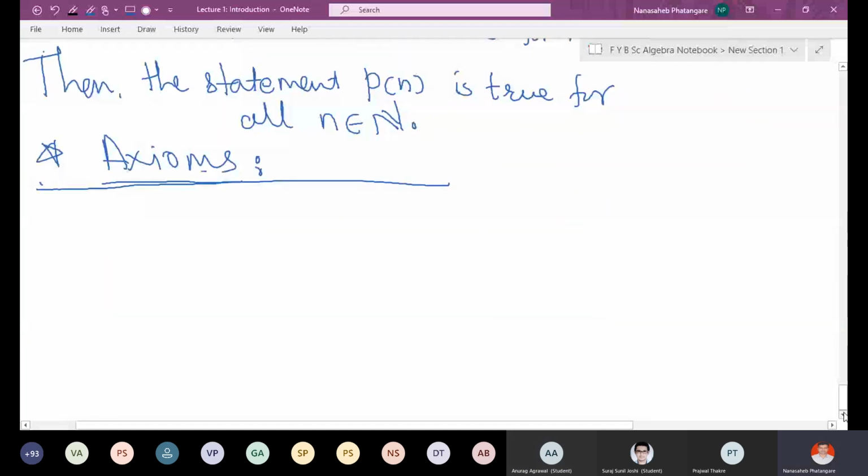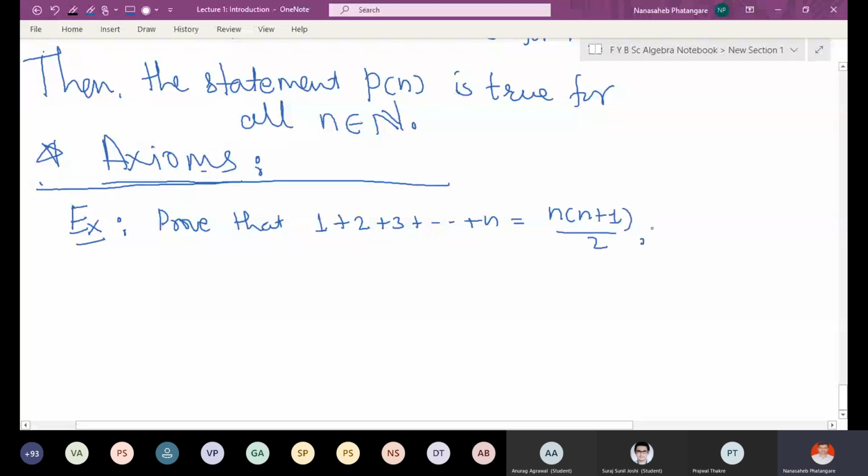Okay, so now let us see simple examples, and then we'll go to some non-trivial example. So prove that 1 plus 2 plus 3 plus up to n is n into n plus 1 by 2 for all n in N. Right, so prove that the sum of the first n natural numbers is n into n plus 1 divided by 2.